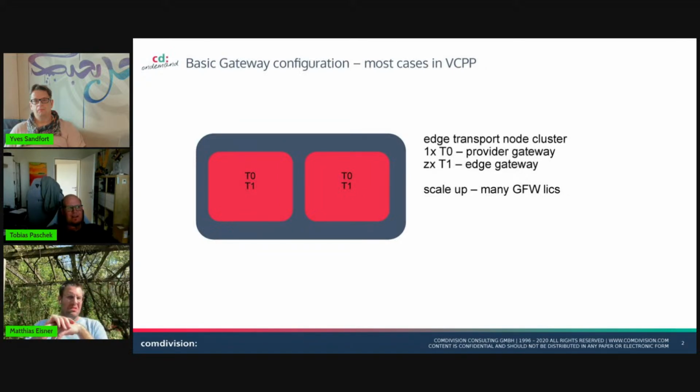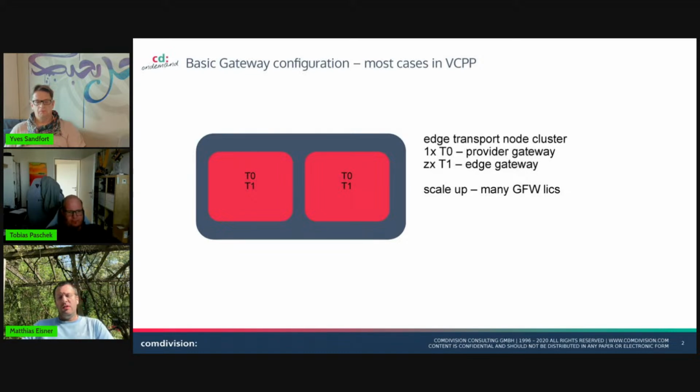At least 50, and with the new licensing model, we should also take into account that we have the possibility to bring in bare metal edges as well. And on a bare metal edge, I would easily say 200, 250, maybe more.